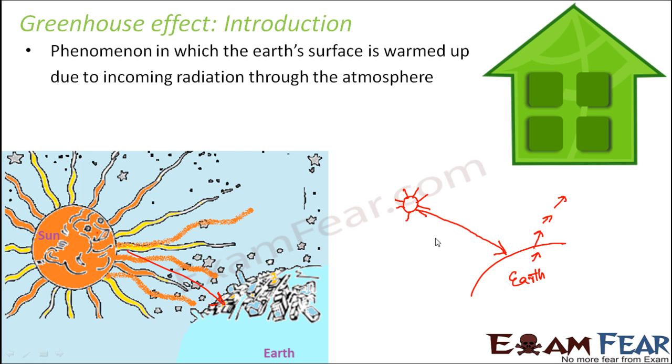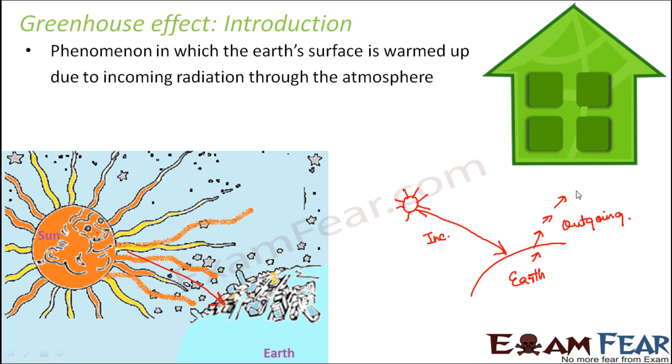So basically what is entering is incoming radiation and what's going out is the outgoing radiation. Incoming radiation is the solar radiation, outgoing radiation is the infrared radiation which is emitted by hot objects. So all the objects inside the earth became hot because of the solar radiation, and since they became hot, they gave out infrared radiation. So that should be the normal scenario.